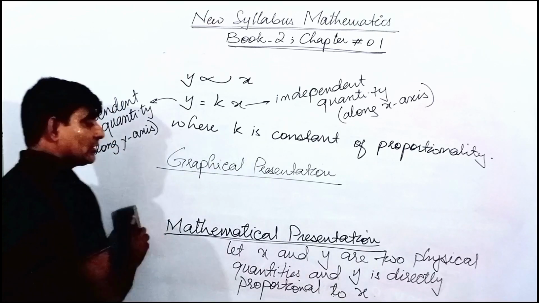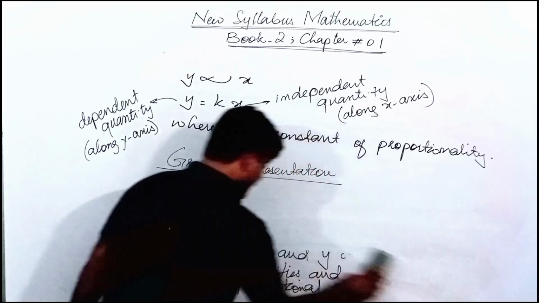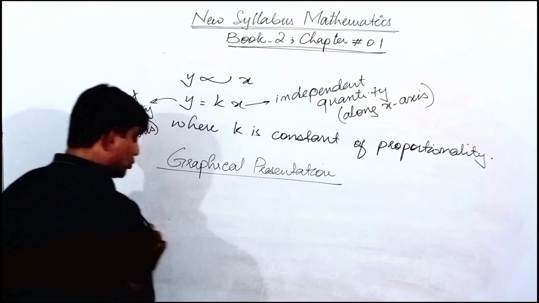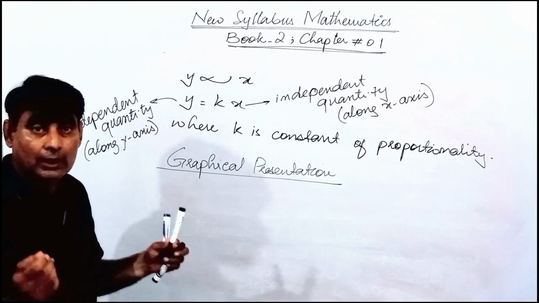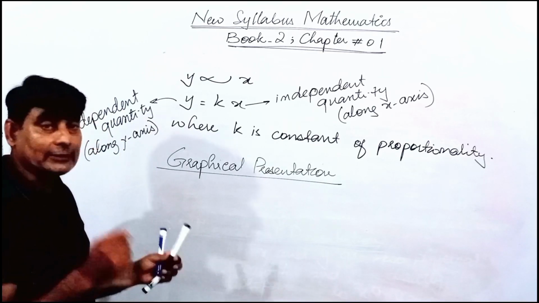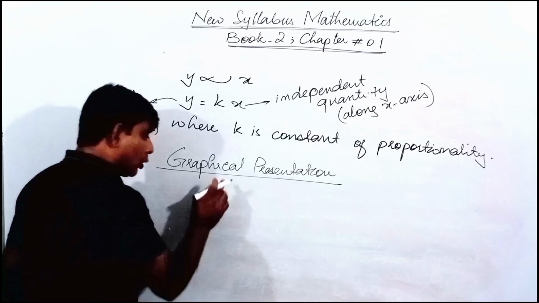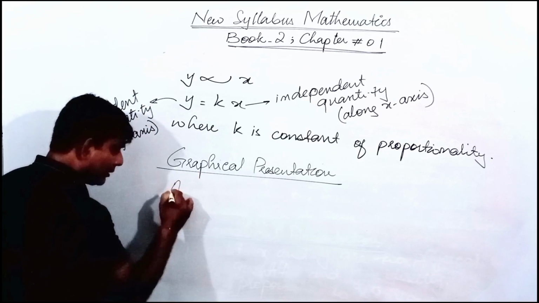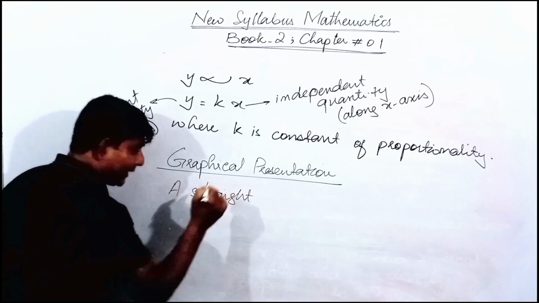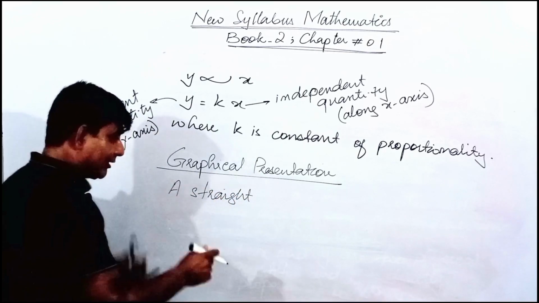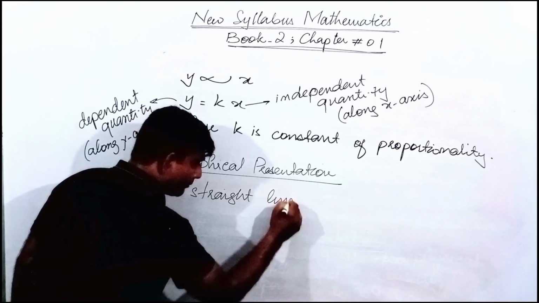So for two quantities which are directly proportional, how will we represent the data related to these two quantities? Always we have a straight line.